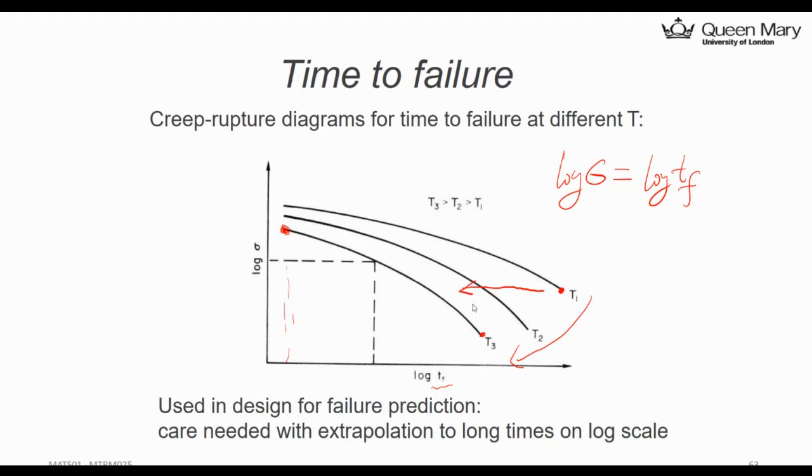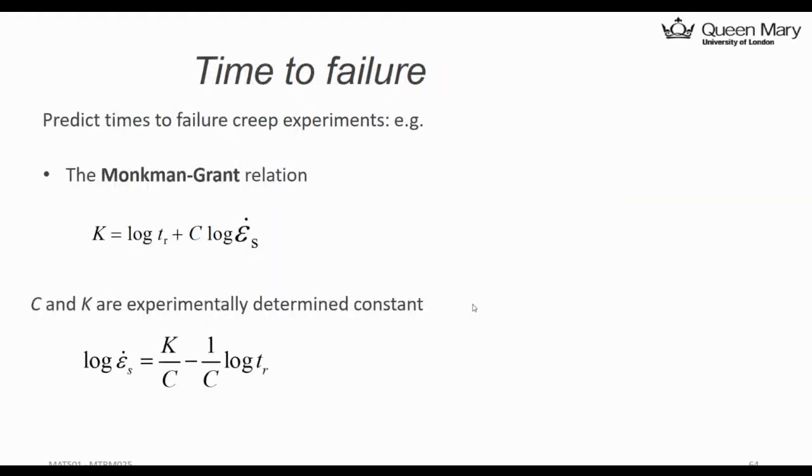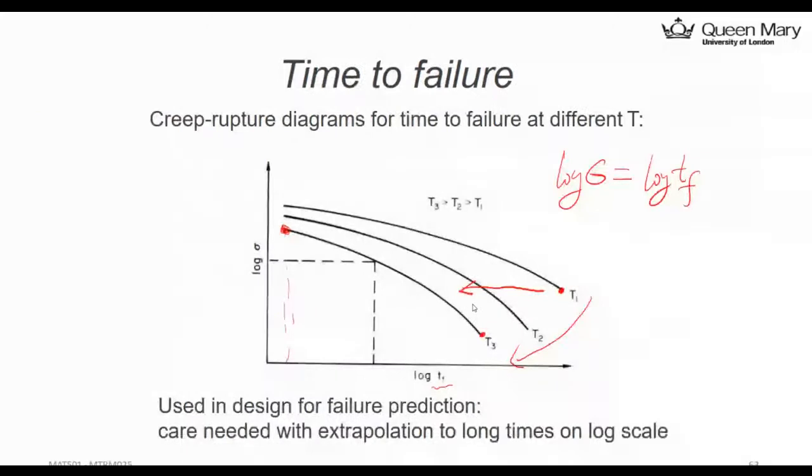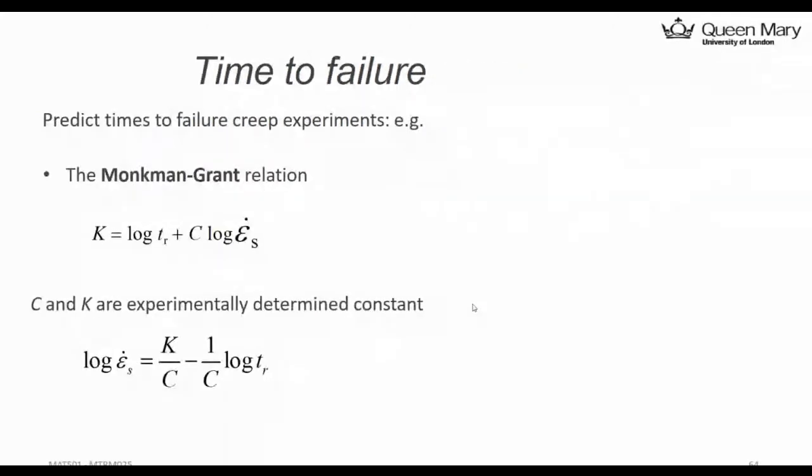Okay. So in engineering application, we have this equation to describe this relationship, which is called the Monkman-Grant relation. What that means is basically plotting the relationship between this constant K and the creep strain rate, which we have used before, in relationship with the time to failure.